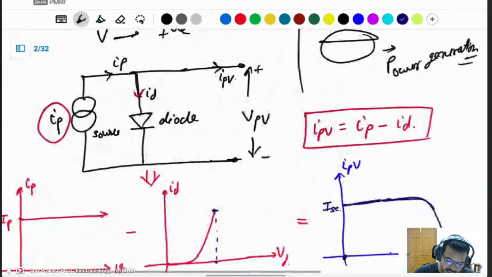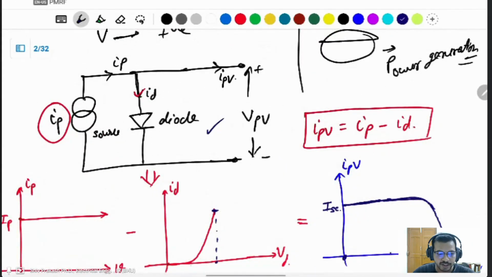But this circuit is represented for the ideal case. In practical cases, this will not be the same. Some resistances, series and parallel resistances, shunt resistances, are also there.